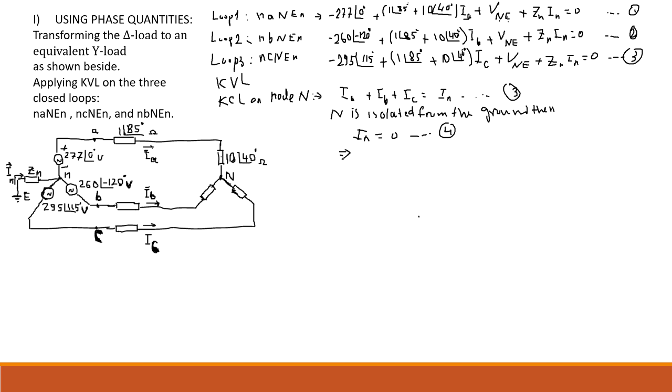And also we can write that Zn multiplied by IN equals 0, so this term and this term are zeros.